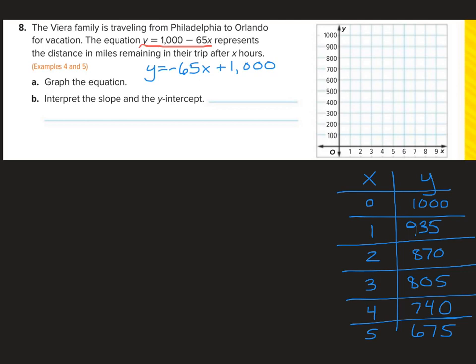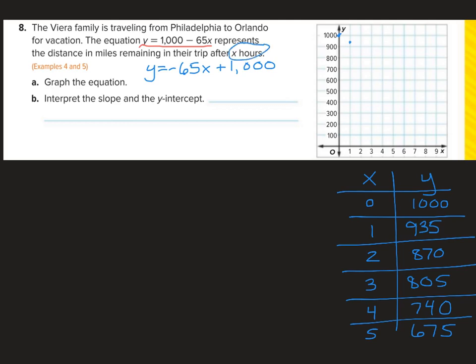So now I'm going to start at 1,000 when x equals 0, y equals 1,000, and then at 1 hour it is 935, so about right there. In 2 hours, that's hours, right? Yep, x is hours.